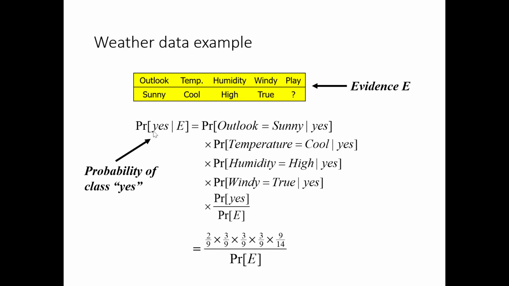Now, this is only for yes, and the same thing can be done for the probability of no as well. And then when you normalize using the same equation that we have used earlier, the probability for evidence will be cancelled out and you will get the outcome. I hope now you have an understanding of the theoretical basis for this as well.